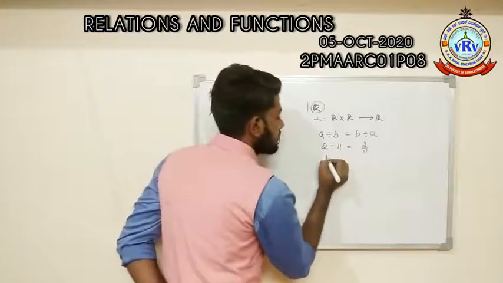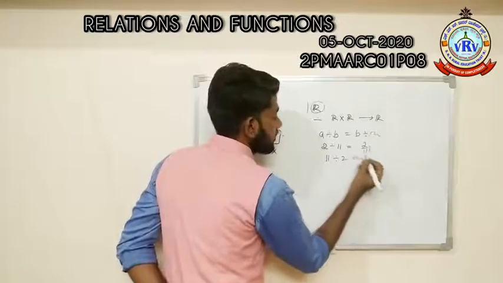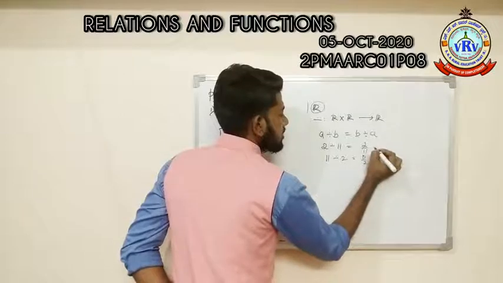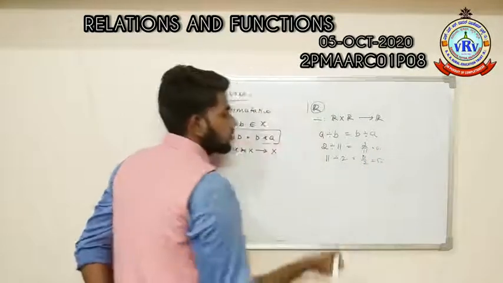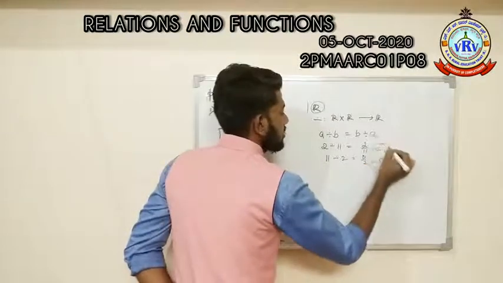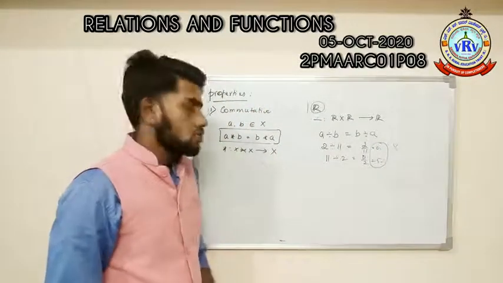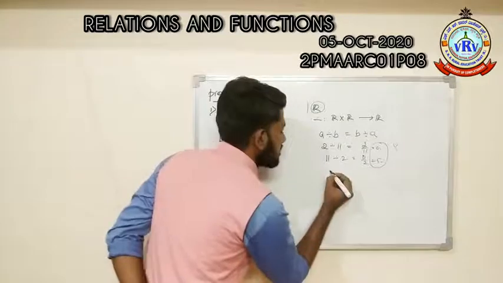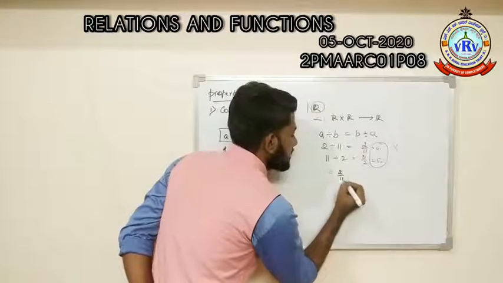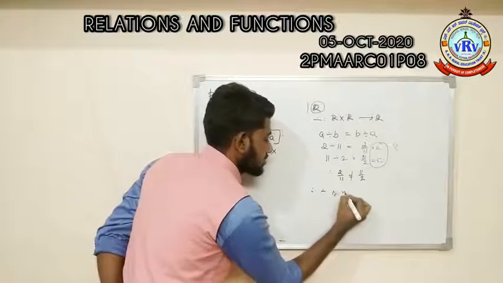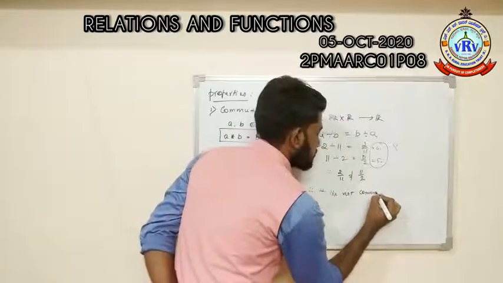So B by A is 11 by 2, that is 5 point something. So the value of 2 by 11 is not equal to 11 by 2. You can write 2 by 11 is not equal to 11 by 2. Therefore, division is not commutative.